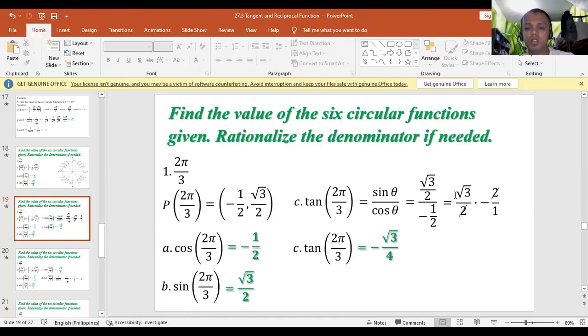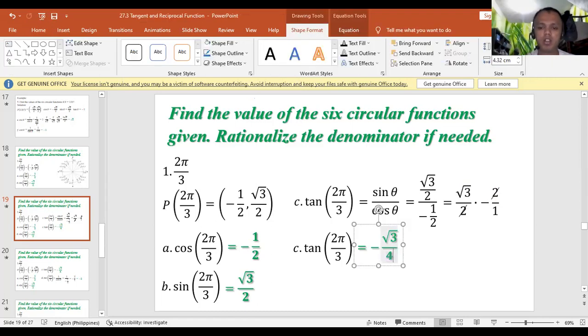Okay, cancel out natin to. Square root of 3, negative square root of 3 over 1, or simply negative square root of 3.